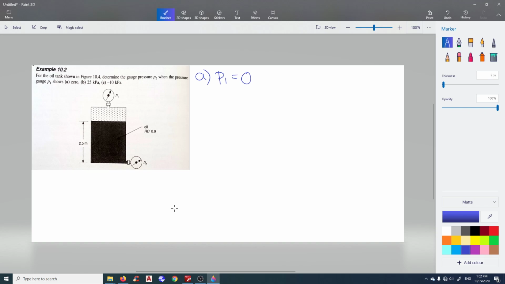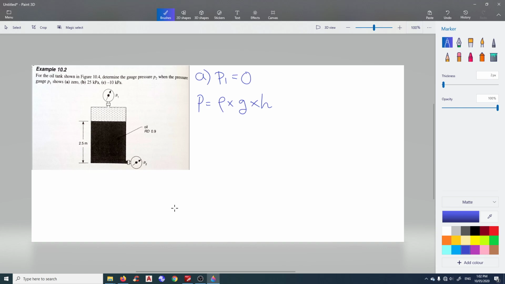If there is a static pressure like this, P equals rho, which is density, multiplied by gravity, multiplied by h, or the height of the fluid. So when P1 is 0, we're just going to neglect the top here.